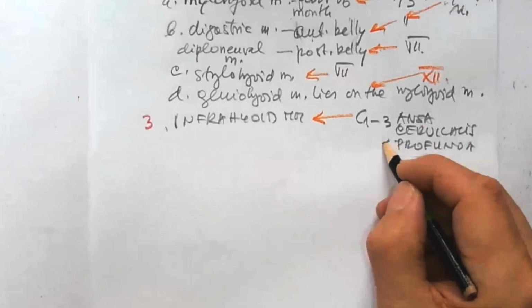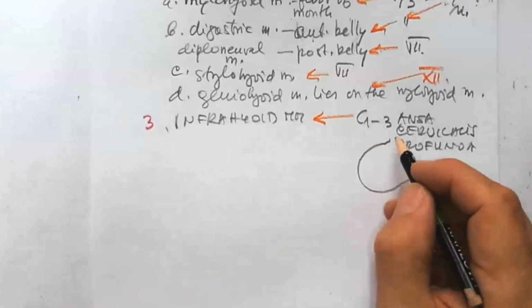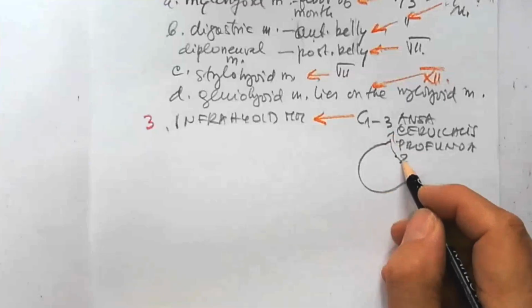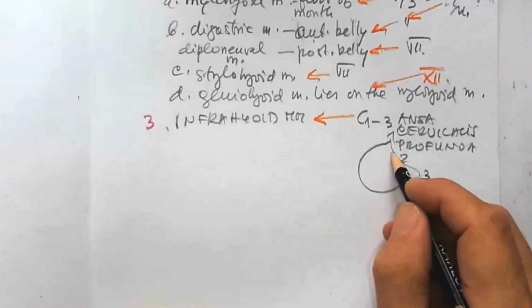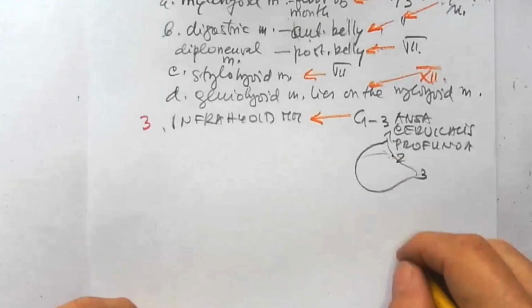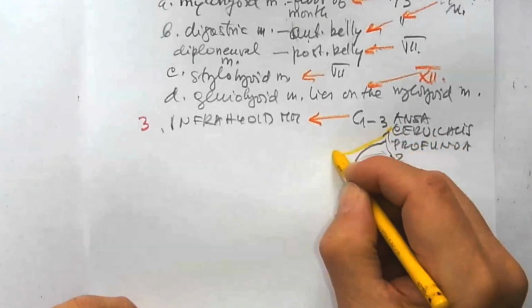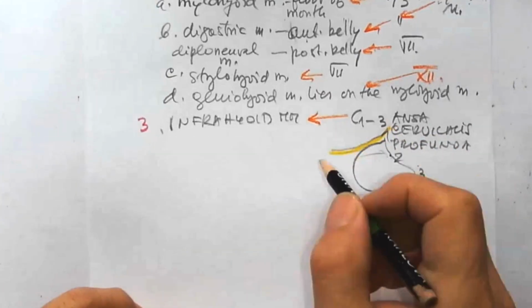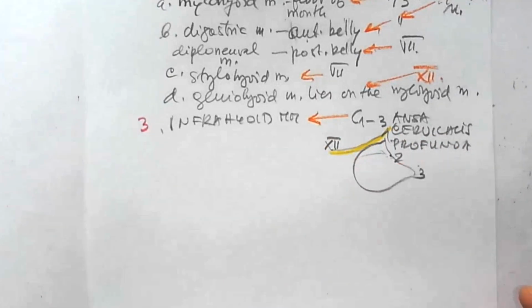Maybe why not to draw ansa cervicalis profunda? There are segments C1, C2, C3. They join together, and I would preferably use the nerve number 12 in yellow.